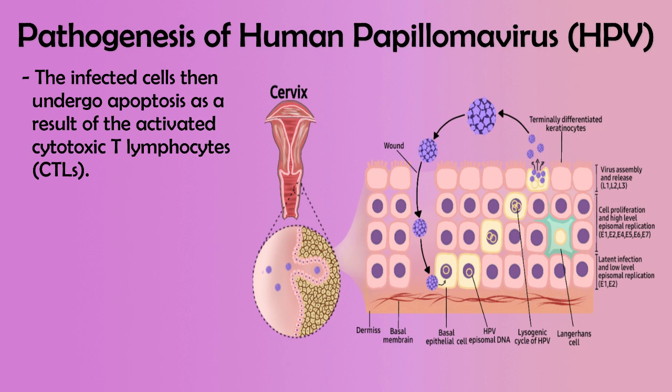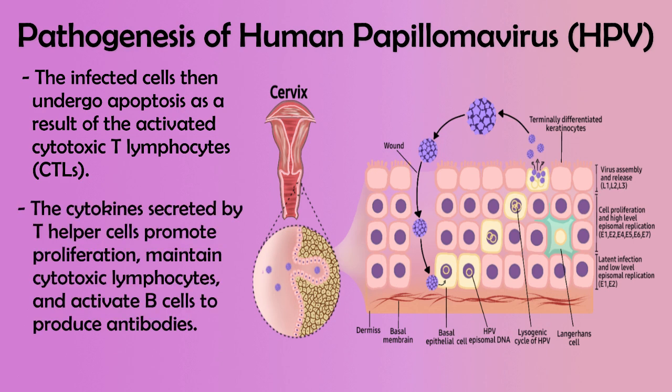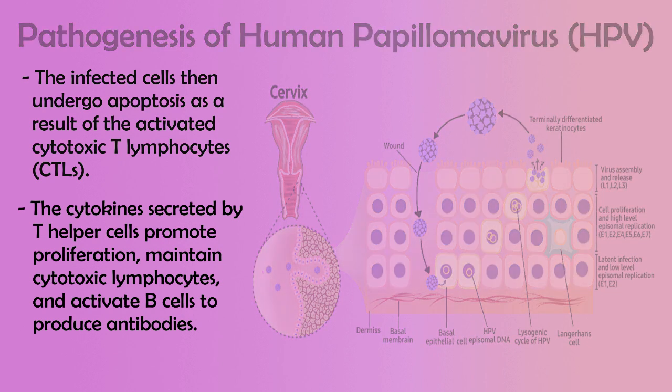The infected cells then undergo apoptosis as a result of activated cytotoxic T lymphocytes, CTLs. The cytokines secreted by T helper cells promote proliferation, maintain cytotoxic lymphocytes, and activate B cells to produce antibodies.